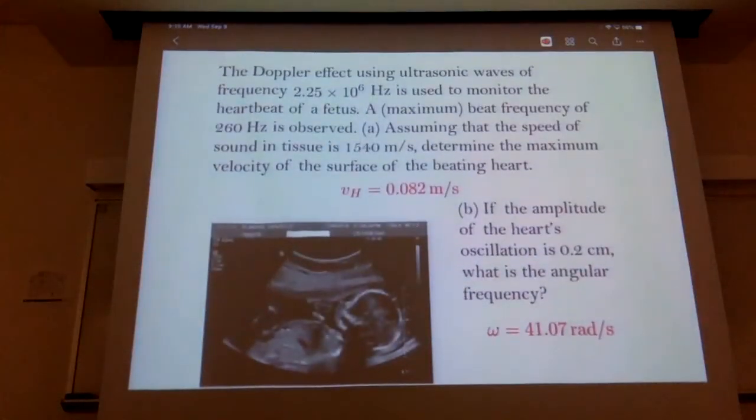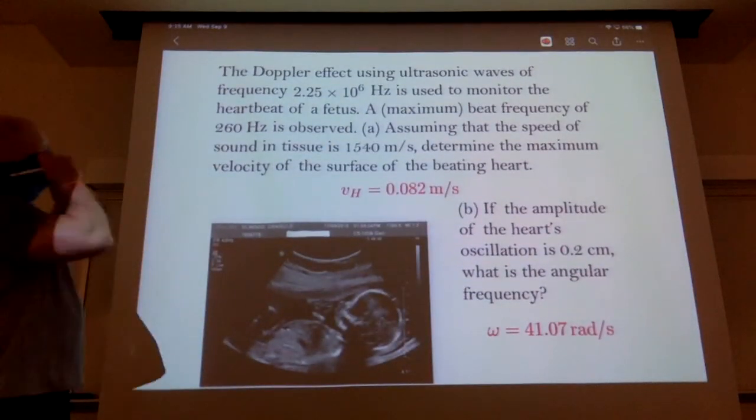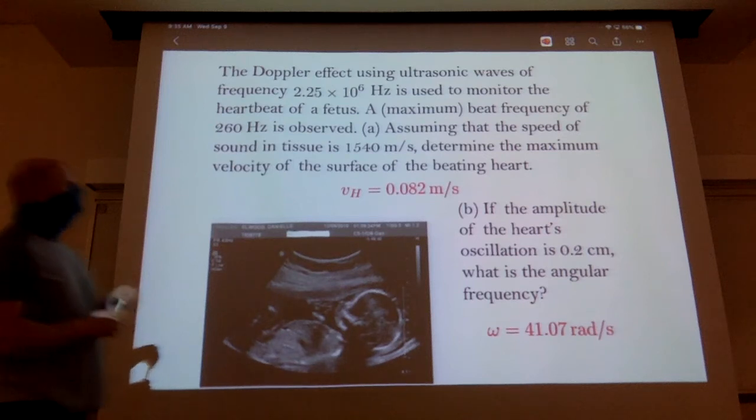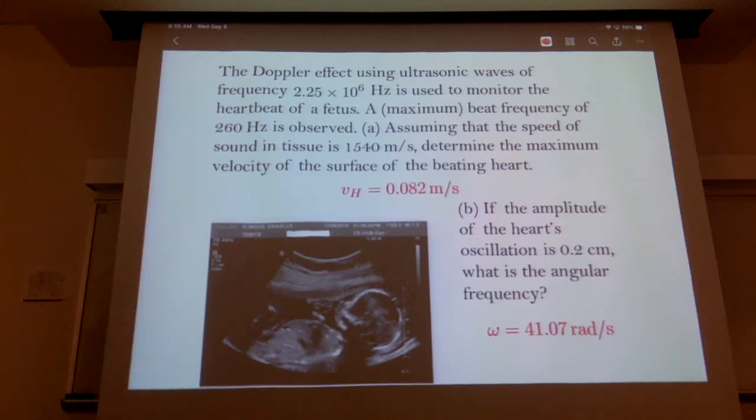Here's the first one. It says that the Doppler effect is used in ultrasonic waves, where the original frequency which comes out is 2.25 megahertz, to monitor the heartbeat of a fetus.